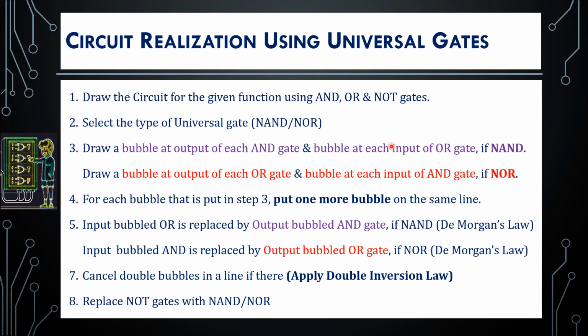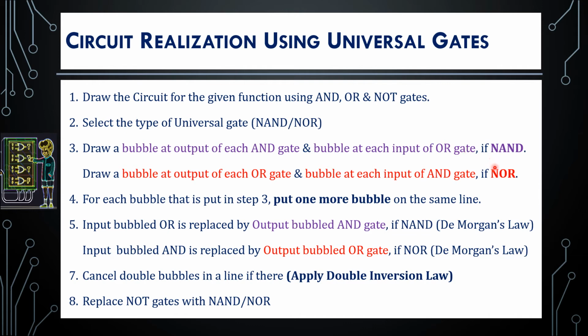According to De Morgan's law, input bubbled OR gate is equivalent to output bubbled AND gate, and output bubbled AND gate is nothing but NAND gate. So to convert the given gates into NAND, we need to put a bubble at the output of each AND gate and a bubble at each input line of the OR gate.